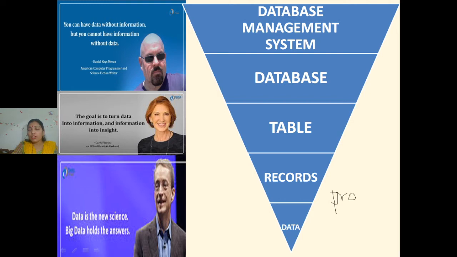So how to do this processing? How does this processing happen? It becomes a record only when the meaningful data combines. Meaningful data when combines become records, and the collection of these records become a table. Multiple tables combine to form a database, and so many databases group together to make a complete database management system.